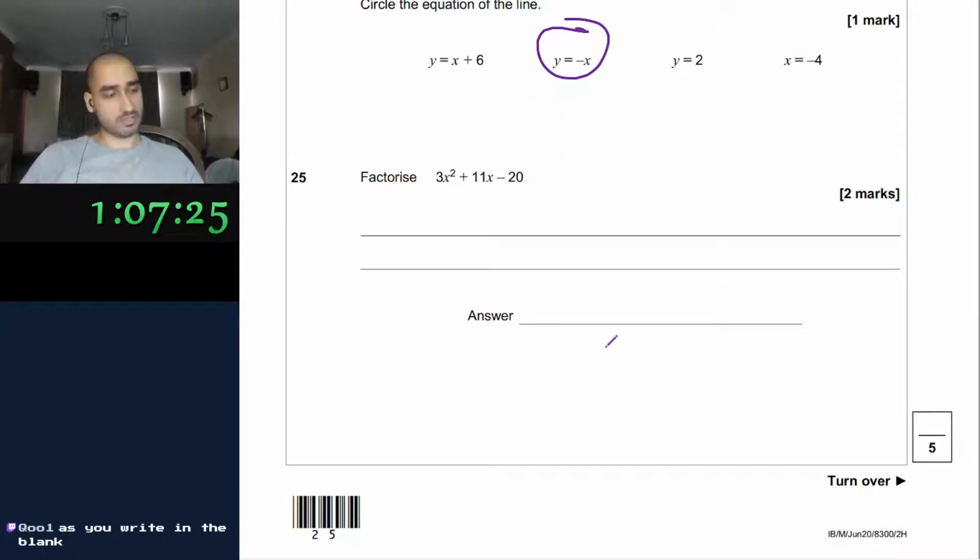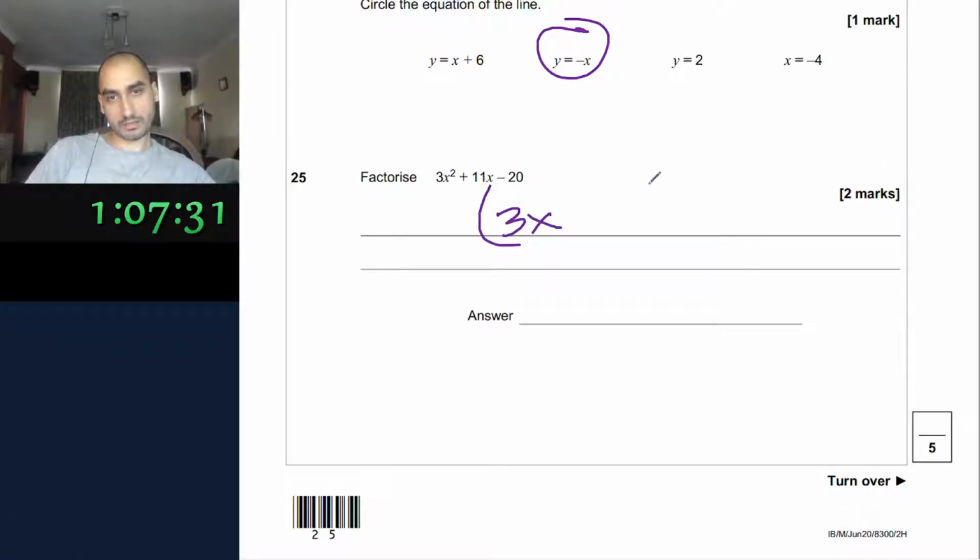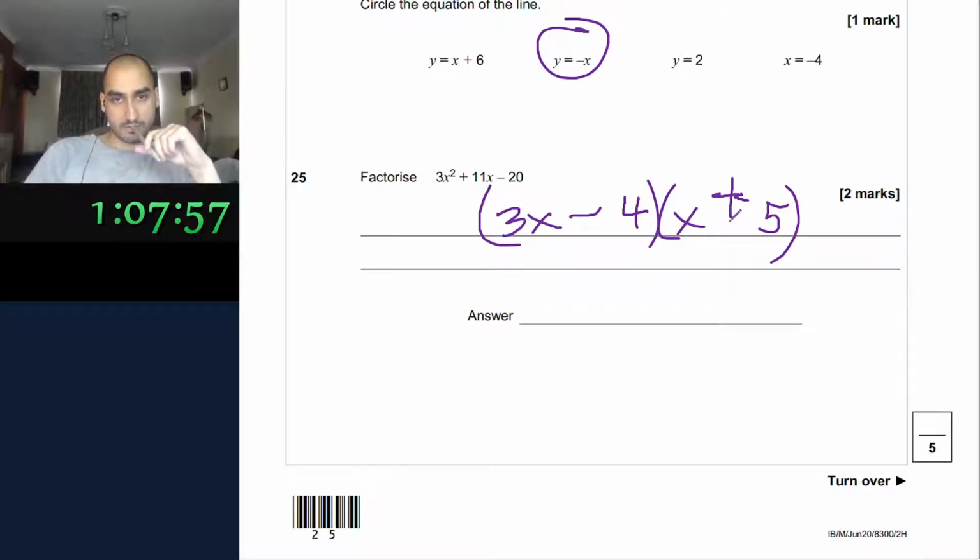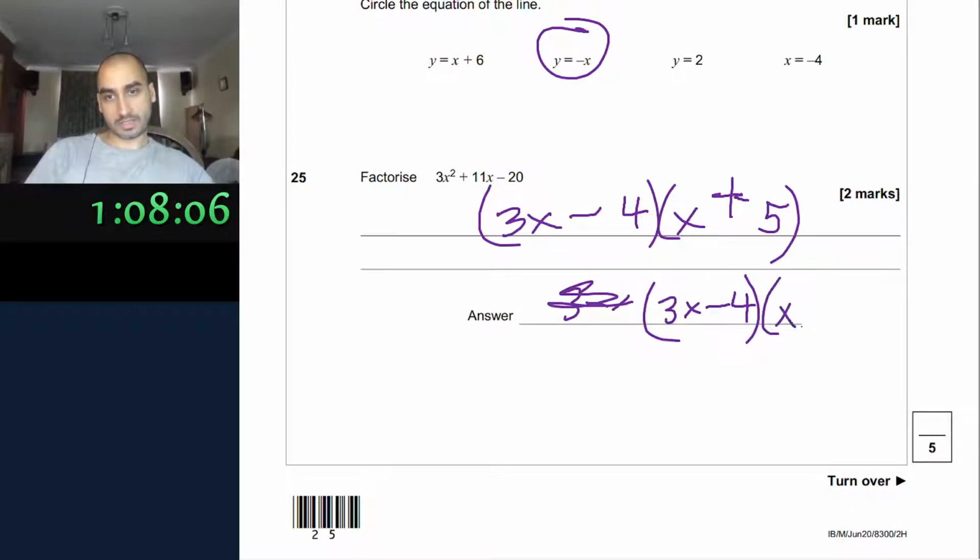Factorize 3x squared plus 11x minus 20. 3x, x. So 20 is 4 times 5, so we could do 5 and 4 like that, and then we've got 3 times 5, 15, so it's minus 4 plus 5. 3x minus 4, x plus 5.